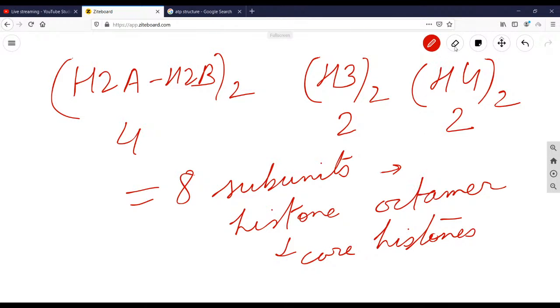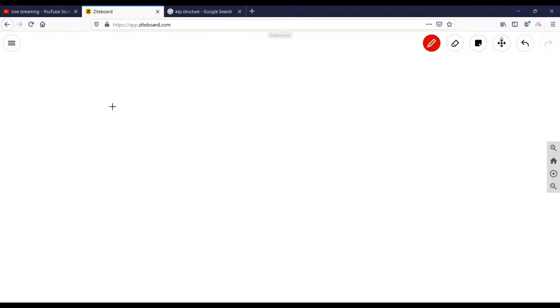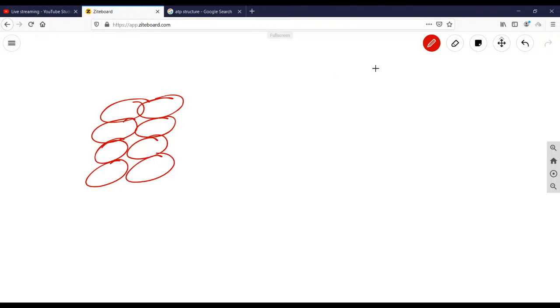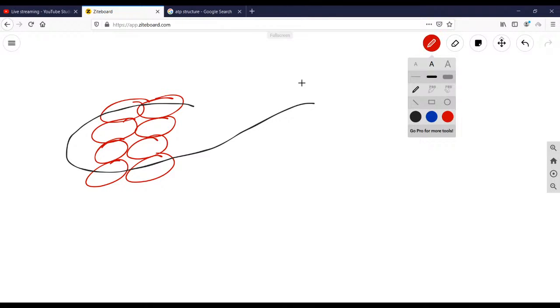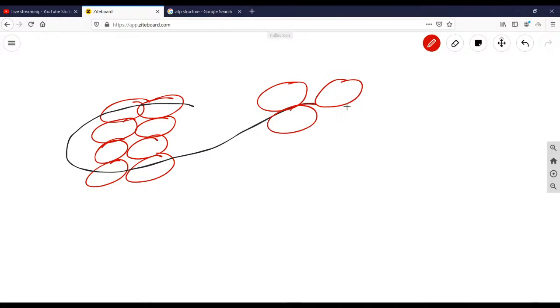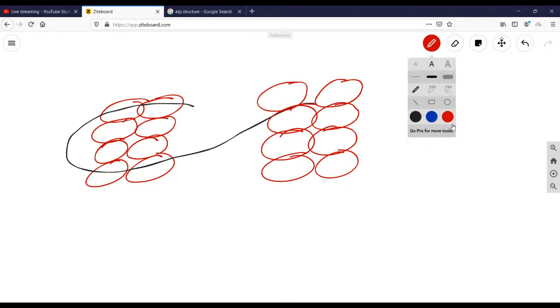Okay, and what this octamer does is, this octamer looks like this: 1 2 3 4 5 6 7 8. Now DNA is wrapped around it, like this. We'll go to another octamer, 1 2 3 4 5 6 7 8, and then again wrap around this one.